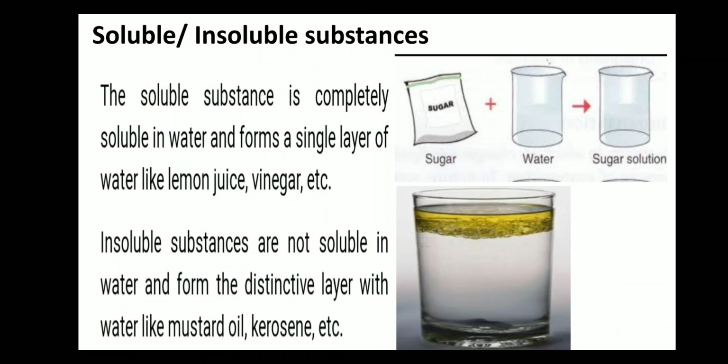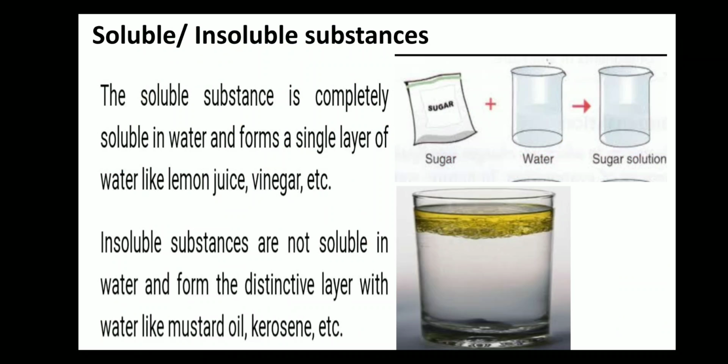Okay. Next property of material is soluble and insoluble substances. Okay. So what is soluble substance? Substance that completely dissolve in water are called soluble substance, like salt, sugar. Okay. They are soluble substance.